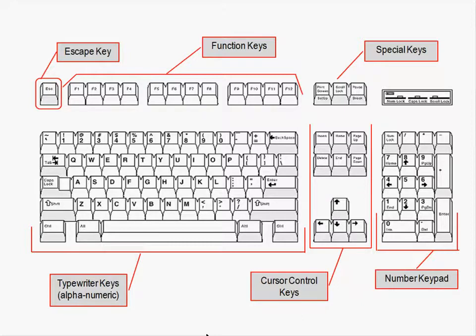And just like regular old-fashioned typewriters, pressing the Shift key, and you'll find Shift keys on the lower left and lower right side of the computer keyboard, enables you to make capital letters out of the regular letters of the alphabet, or if there's two commands on a key, pressing Shift will allow you to type the upper command. For instance, if you wanted to type a dollar sign, you would press Shift and then press the number 4 at the very top where the dollar sign is.